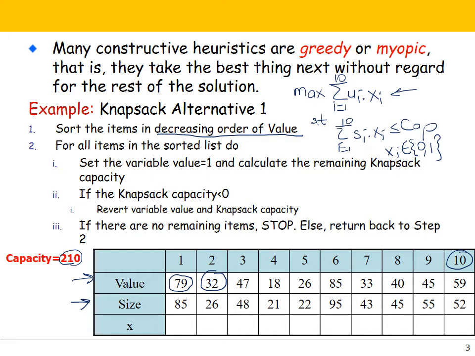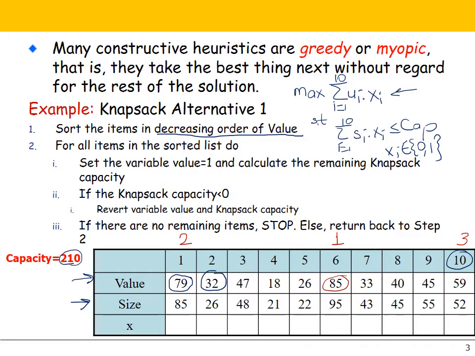According to this, item 6 has the largest value, which is 85, so it will be our first item. Then comes item 1 with a value of 79, so it becomes our second. And then the next item is item 10 with a value of 59, so it is third, and so on. So in the first step, we need to sort them.